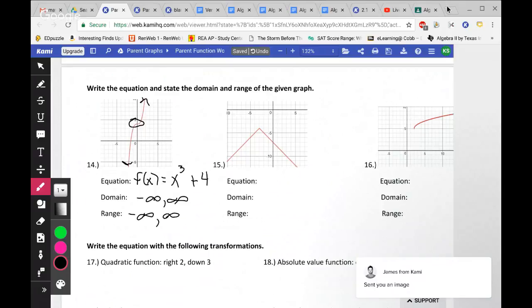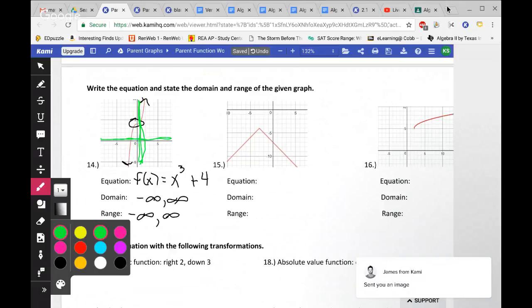So it's still going to be negative infinity to infinity, because what you're thinking about is this is going along the y-axis. And this is the x-axis. The domain is the x-axis. So would every x be a possibility, and would every y be a possibility if these rays continue on into infinity? Does that make sense? Yeah.